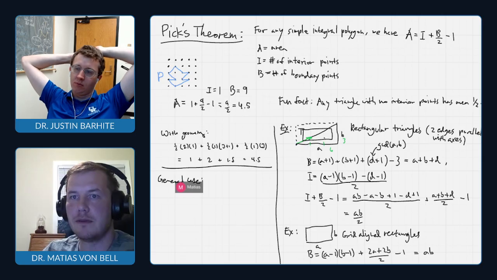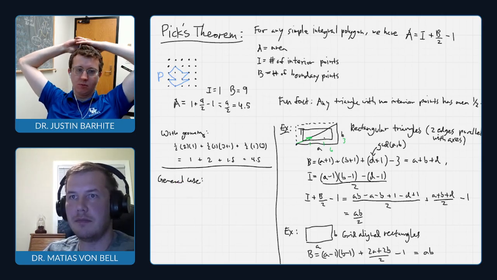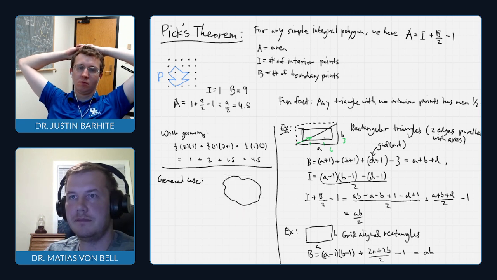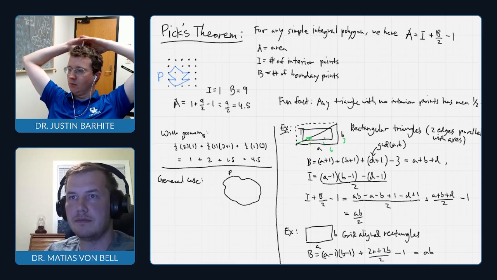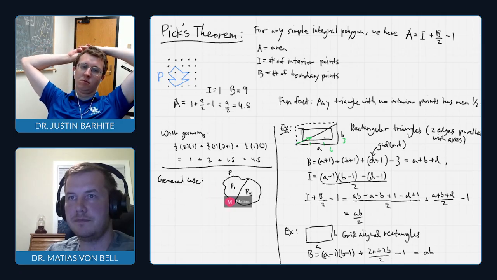General case. It's going to look something like this. We're going to have some sort of polygon P. Then we're going to split it in half into two pieces, P1 and P2.